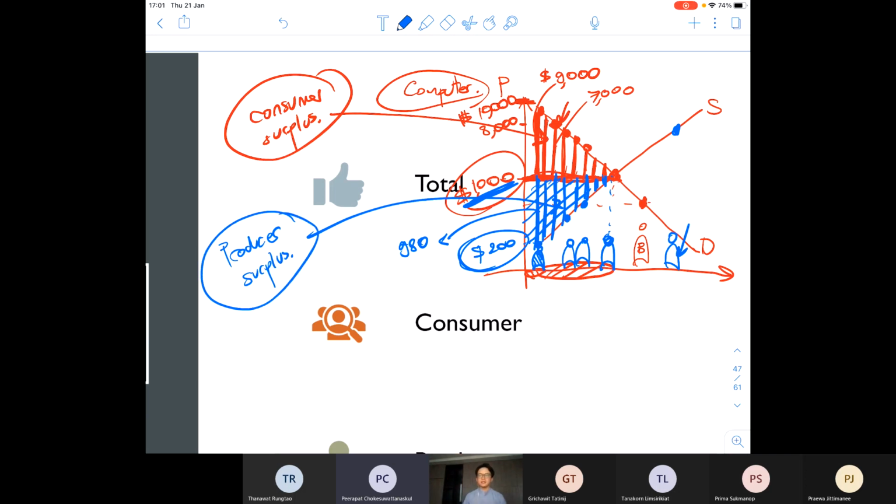Producer surplus, because it is something that you get because you are willing to sell at a lower price, but consumers are willing to pay even more, so you actually enjoy this welfare. Okay, and the sum of these two bits is called total surplus.